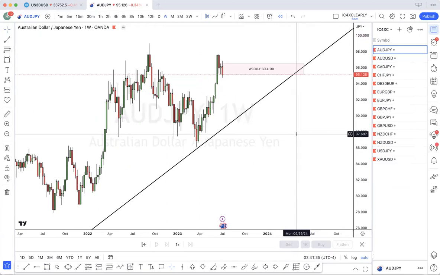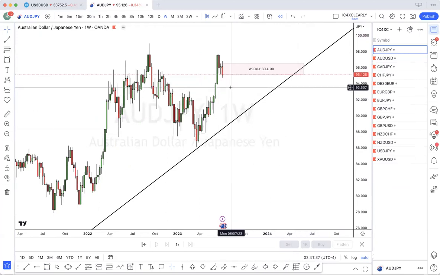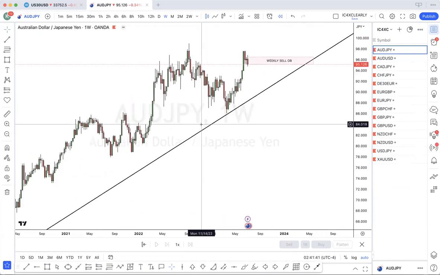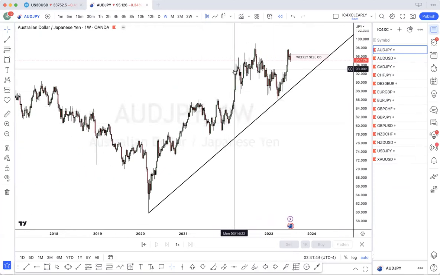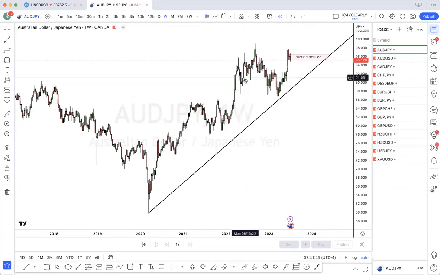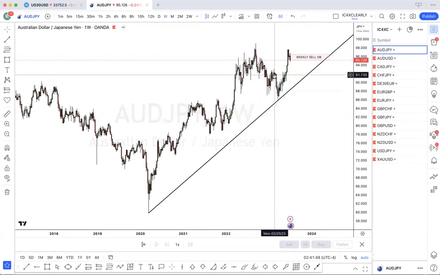All right. So price pushed up, pulled back, and then started breaking structure to the top side.